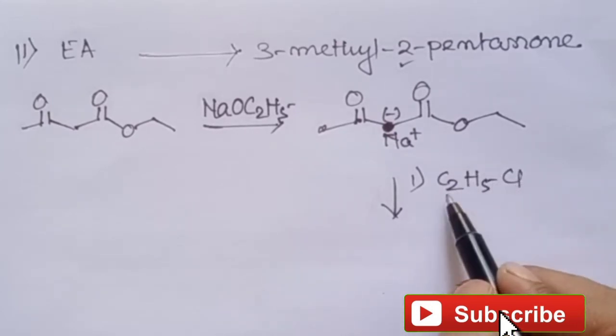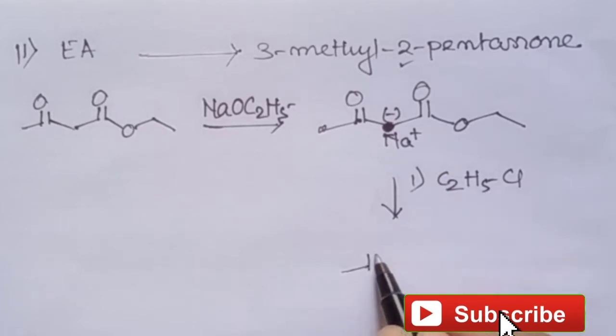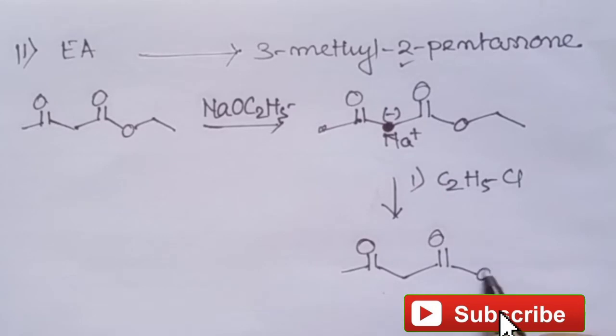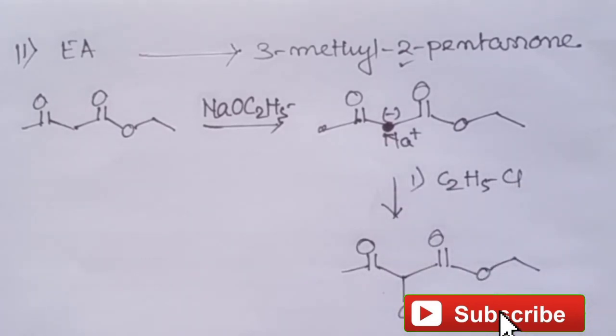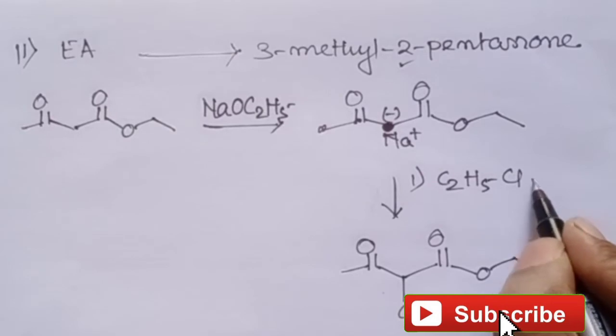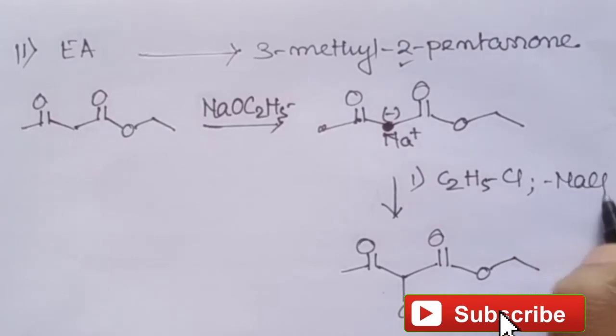On adding C2H5Cl, it will lead to form C2H5 here. Cl takes up the sodium plus and is lost as NaCl.